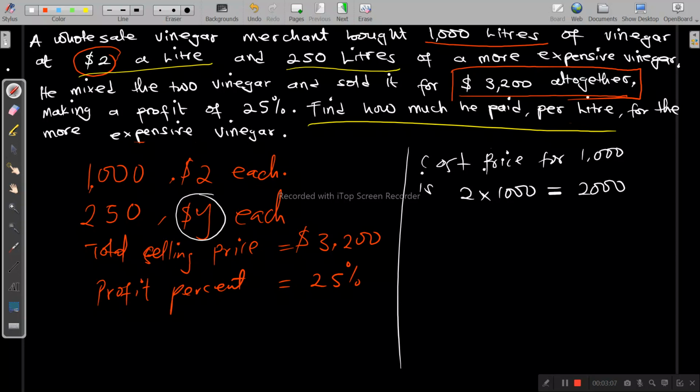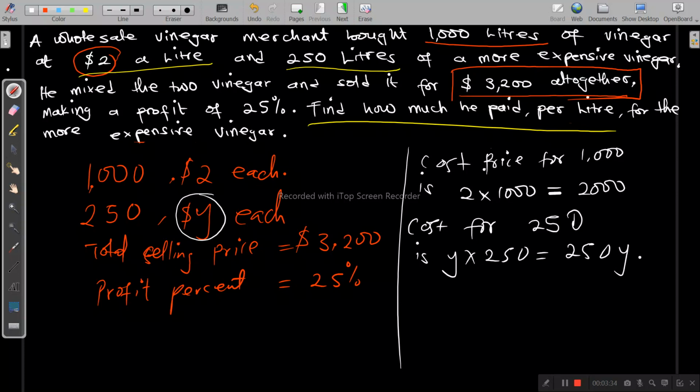And then the cost for the 250 liters, we don't know that, because that's what we are looking for per liter. We don't know the price per liter, so we calculate it as y times 250, which is 250y.